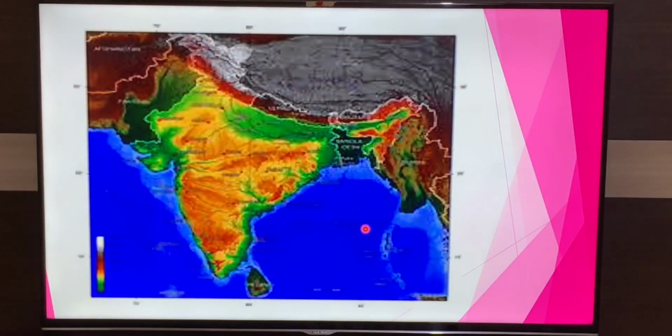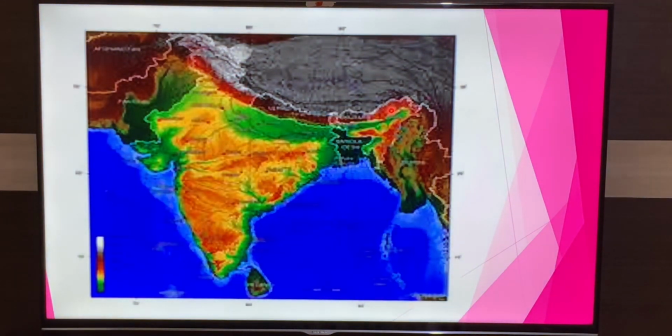The map will help you to recognize where the different types of physiographic divisions are located in India. The first one I told you, Northern Mountain. Here is the Northern Mountain. The Northern Mountain is located in the northern part of India.